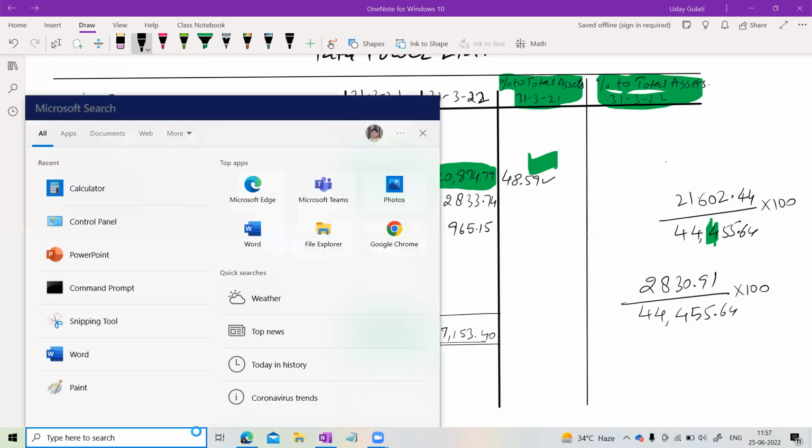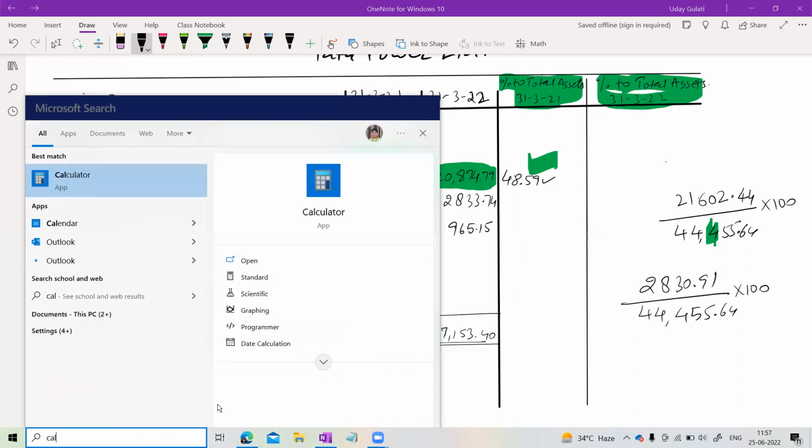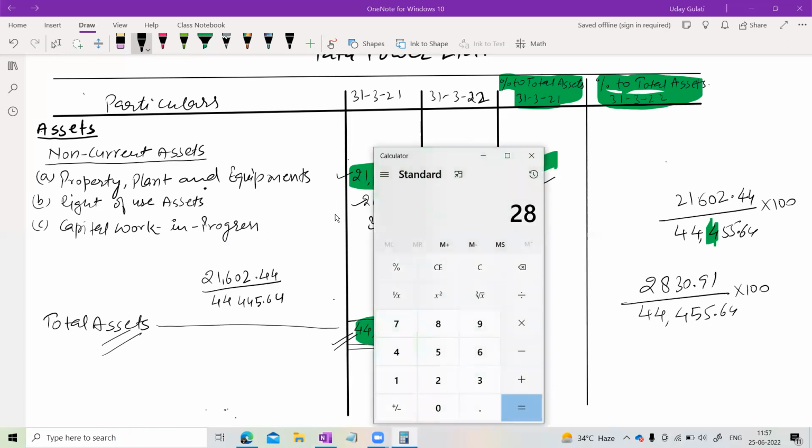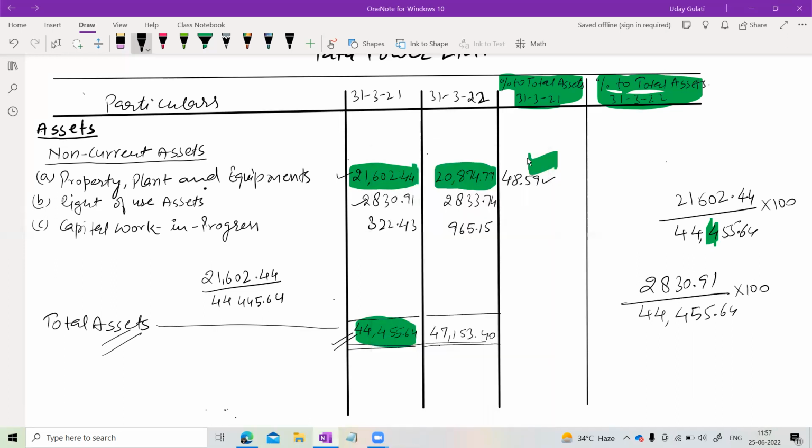I'll calculate the value: 2830.91 divided by 44455.64 multiplied by 100. Here we have approximately 6.37. That means every item has to be divided by this total assets.